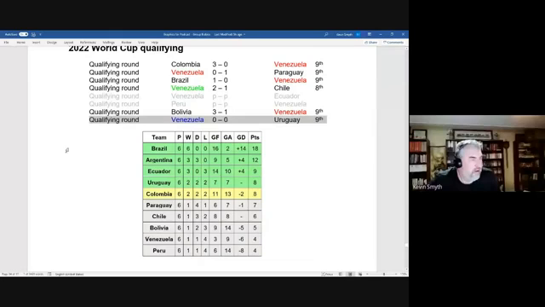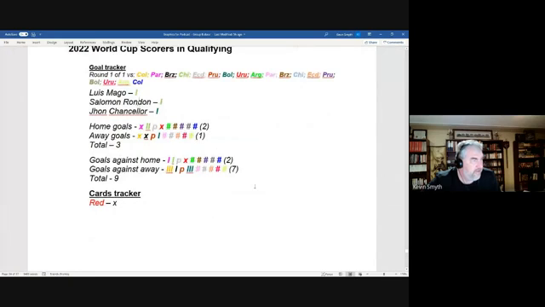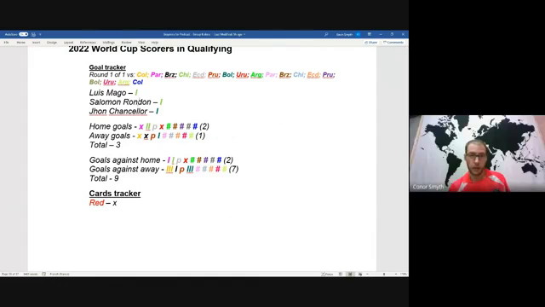Yeah, they'll hope to improve that performance in the Cup. And let's take a look at some of their players there. They only have 3 goals so far. Do you want to tell us what you know there? Yeah, 2 of those goals are from defenders, Luis Mago and John Chancellor. But the other name, Salomon Rondon, he's a record goal scorer.